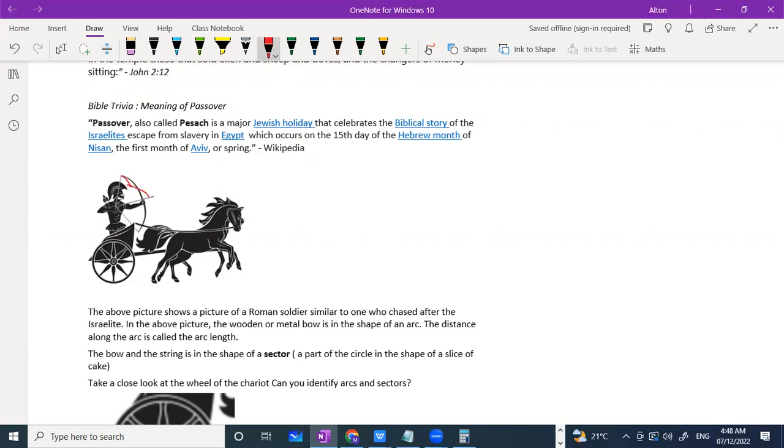That's the arc right there, and it's bent like that. So if you have two lines and a nice curve there, that seems to be a bow, there's the arrow. So this part of the bow, the actual wooden or metal part, is called the arc.